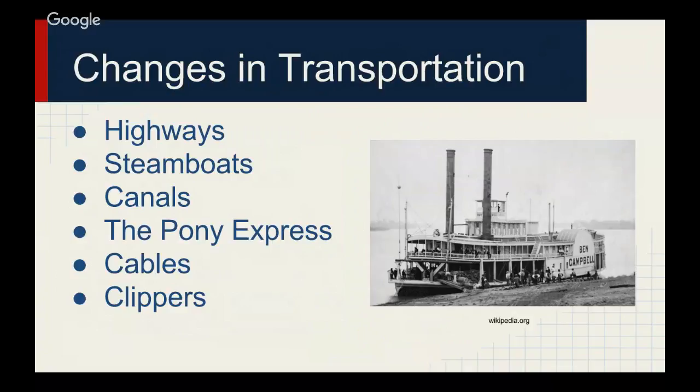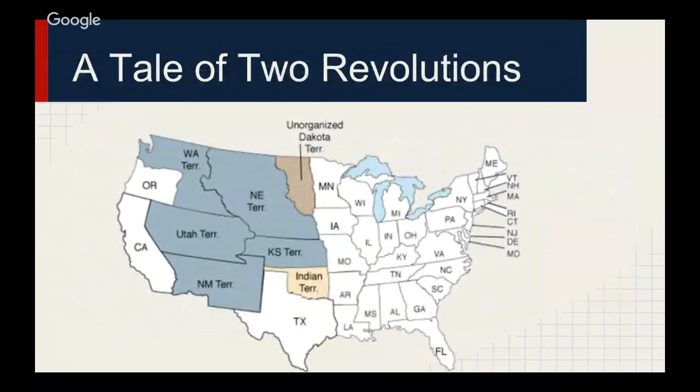They're seen as rather unsafe. But as we're going to be talking about in week 6, the railroads are going to play a role in the path to the Civil War. So in the end, what this era really is a tale of 2 revolutions.